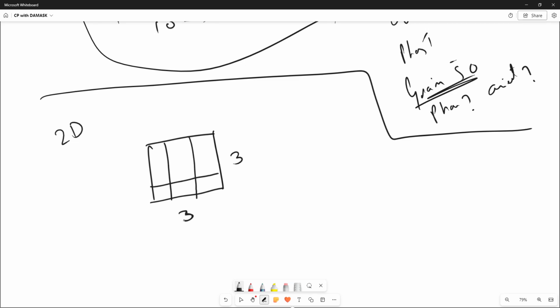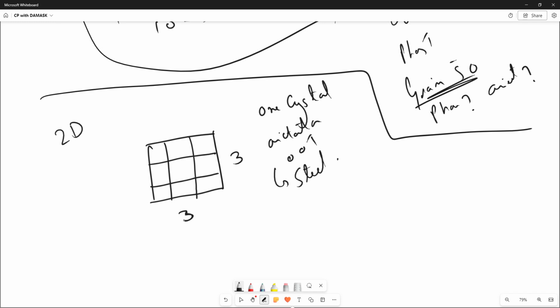What I tell you is that everything outside is one crystal, right? With orientation 001, and it is steel, let's say. So steel, but one crystal, everything outside.